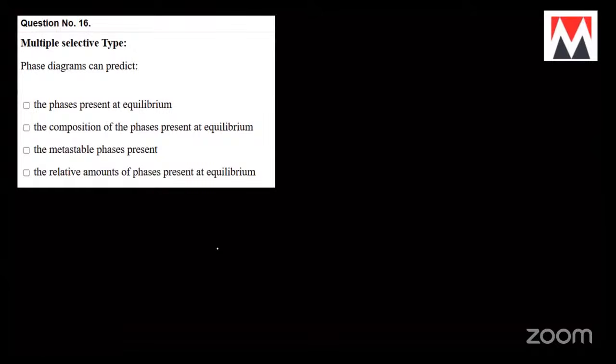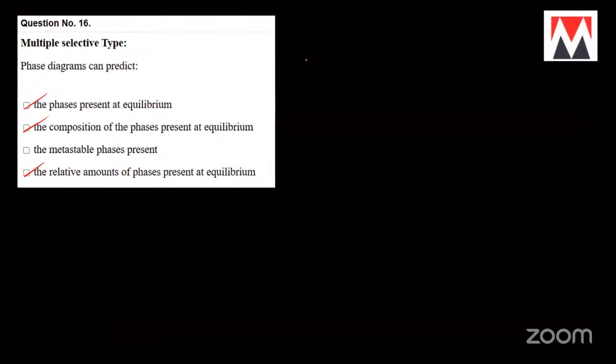I'll tell you one thing here. See, phase diagrams can predict phases present at equilibrium, composition of the phases present at equilibrium, relative amount of phases present at equilibrium.